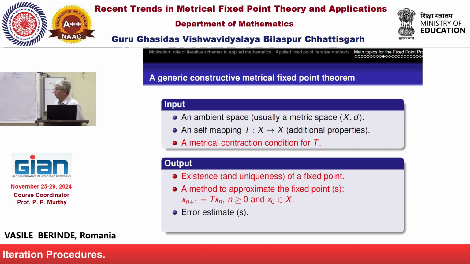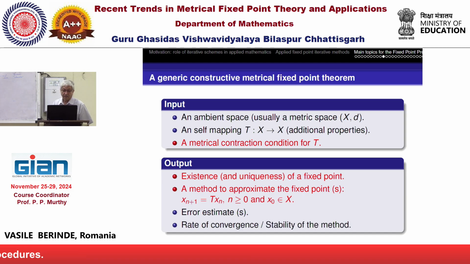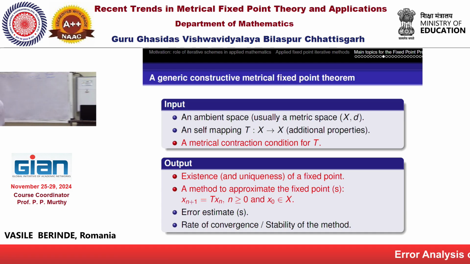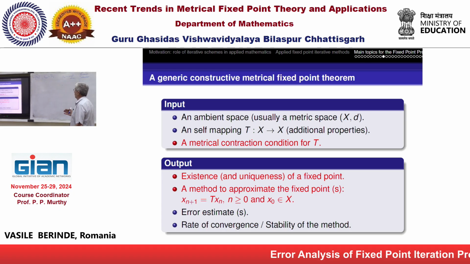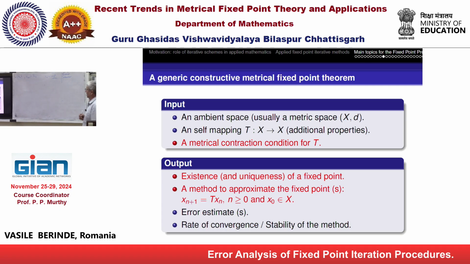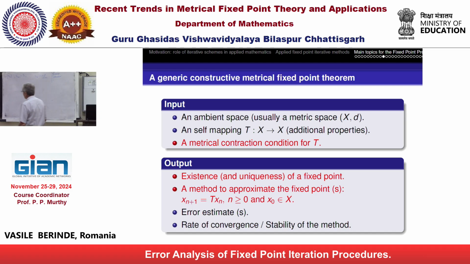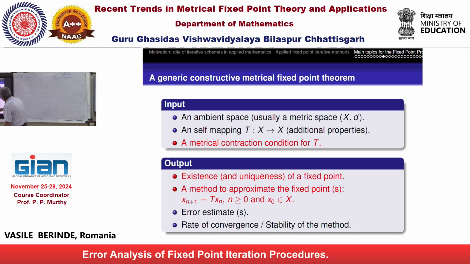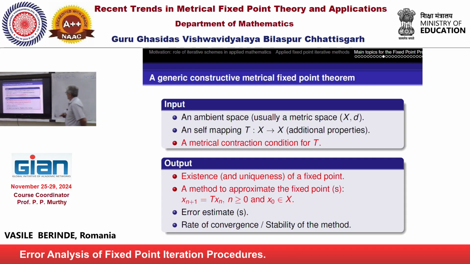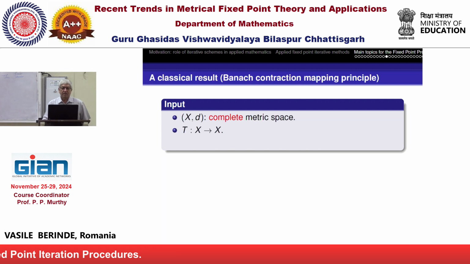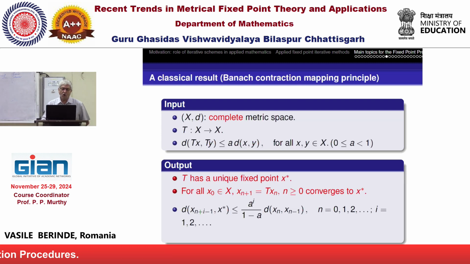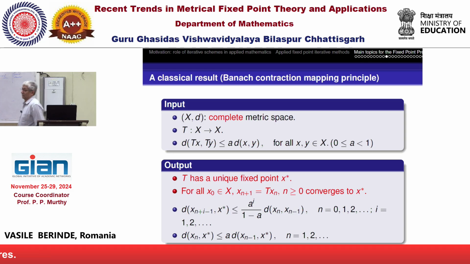And also we should have an error estimate, and also, if possible, information about rate of convergence, information about stability of the method. As a beautiful model, Banach contraction principle is following all these requirements.